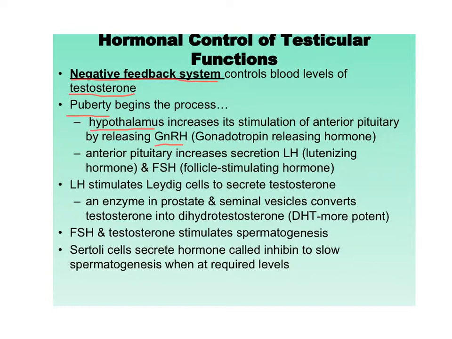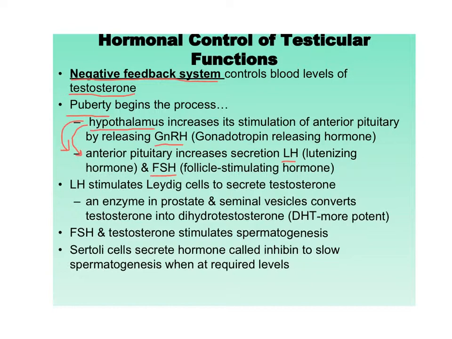And remember, the hypothalamus is always directly tied to the master gland, the pituitary gland, and GnRH causes the anterior pituitary, anterior means the front part of the pituitary, to release LH, or luteinizing hormone, and it also releases FSH, or follicle-stimulating hormone. So that first began in the hypothalamus with the release of GnRH, and that stimulates the anterior pituitary.